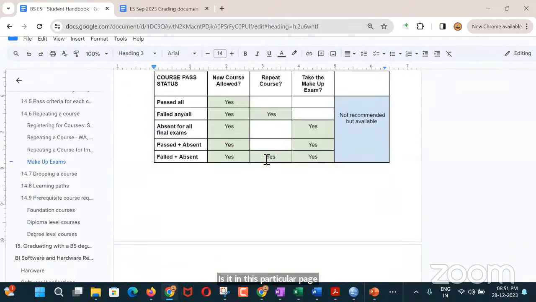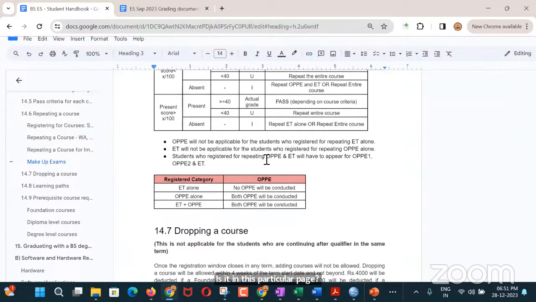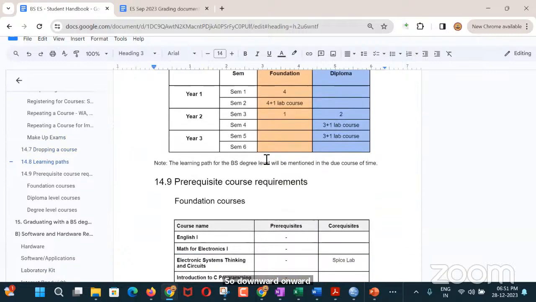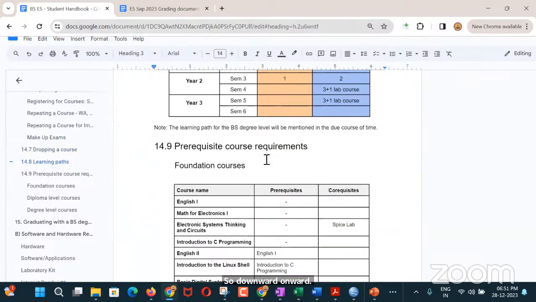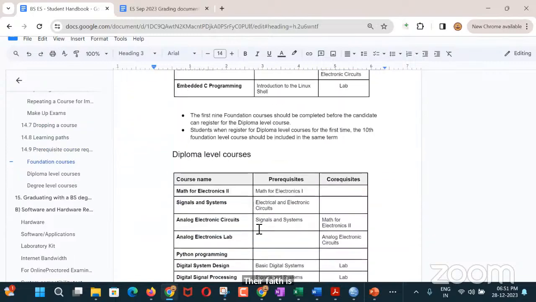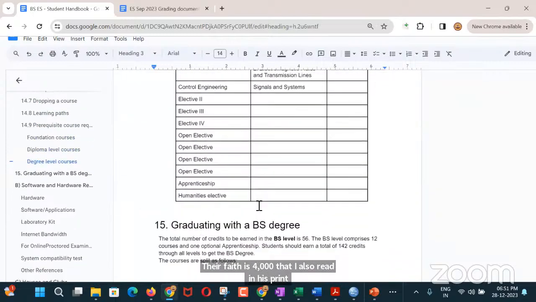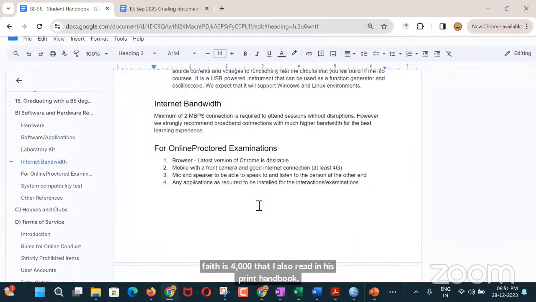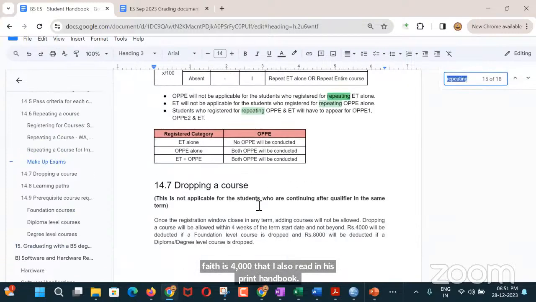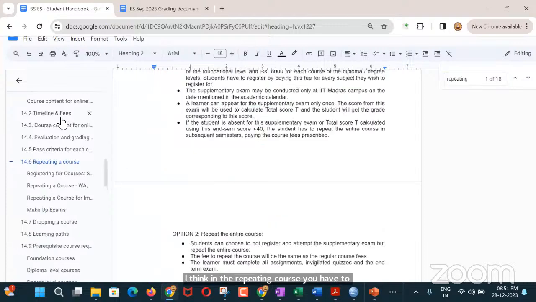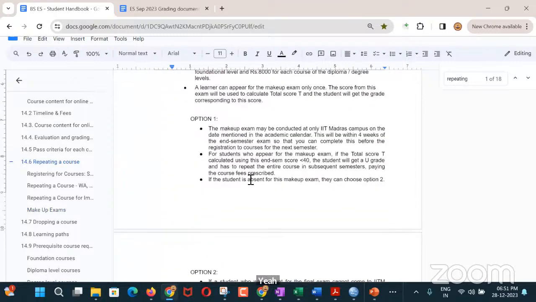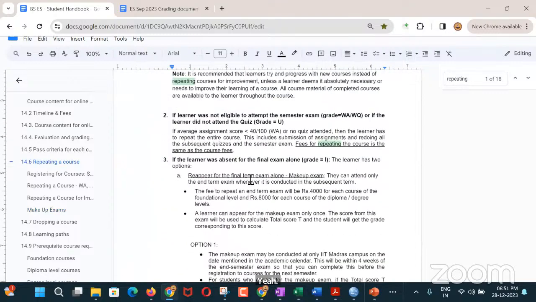Downward. The fees is 4,000 rupees, that I also read in the student handbook. I think in the repeating course you have to go here. Yes, sir. Down. Yeah, option 1, option 2. Yes, sir. Yeah, this one. Okay.